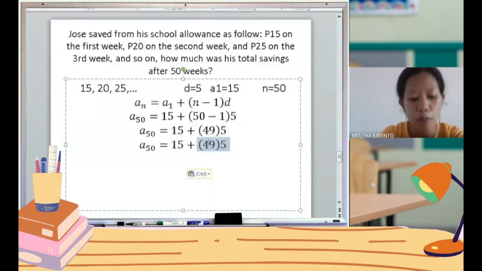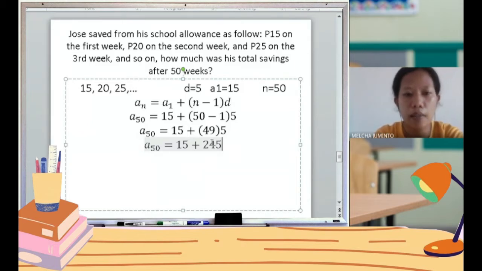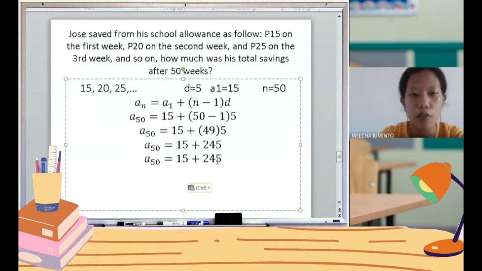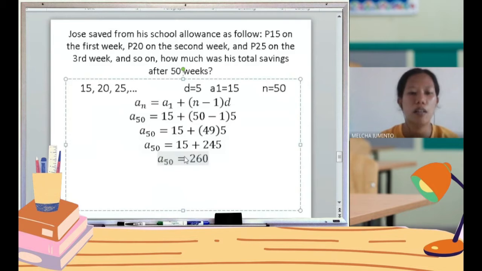So 49 times 5 is 245, and then we need to add 245 plus 15, which is 260, which means on the 50th week, Jose saved 260 pesos of his school allowance.